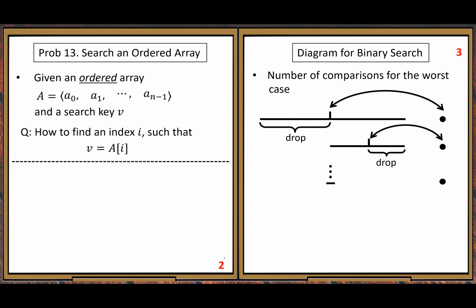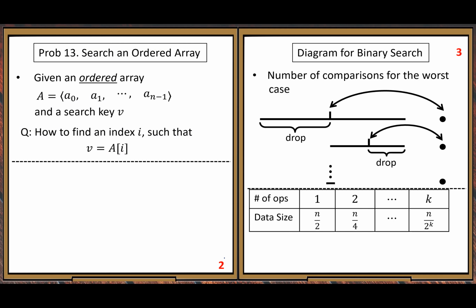Every time. So here, if we make a chart of the problem sizes, you can see after the first comparison, the size is n/2. After the second comparison, the size is n/4. Approximately, not exactly. After k comparisons, the size of the data you need to work on is n over 2 to the kth power.